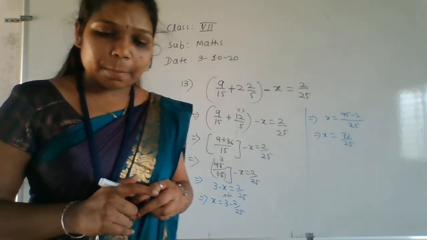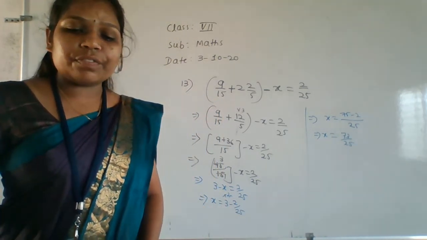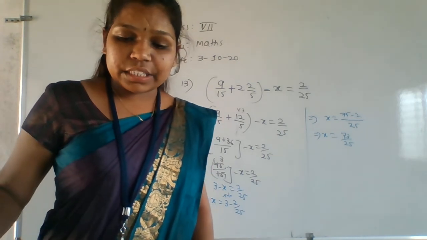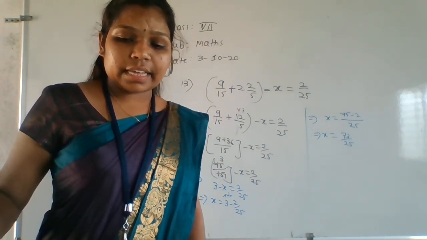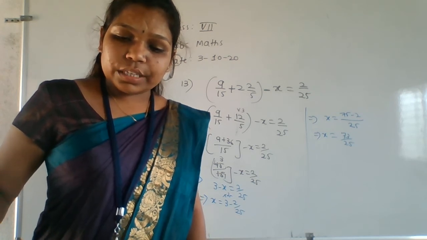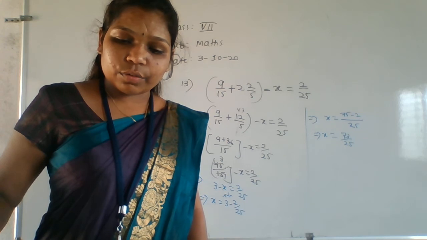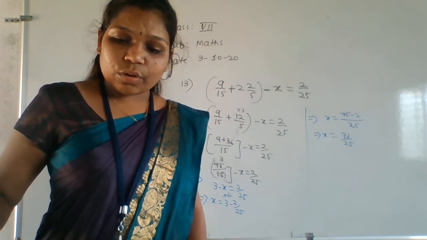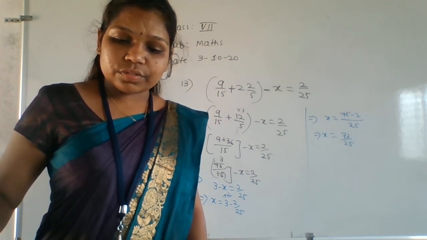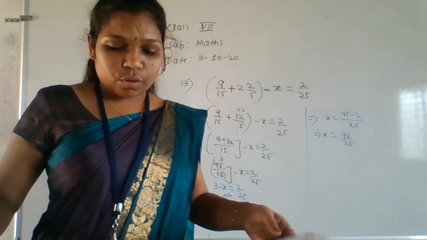So next one is the 14th one. Ridhima started from her home and covered 1 integer 2 by 5 kilometer by cycling, and then she took a taxi to cover 2 integer 3 by 7 kilometer. The remaining distance she covered on foot. Find the distance she walked on foot if the total distance from her home to destination was 4 kilometer.